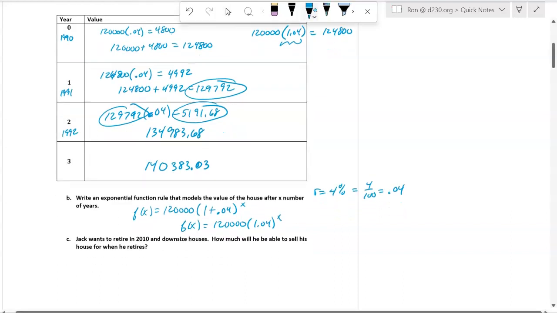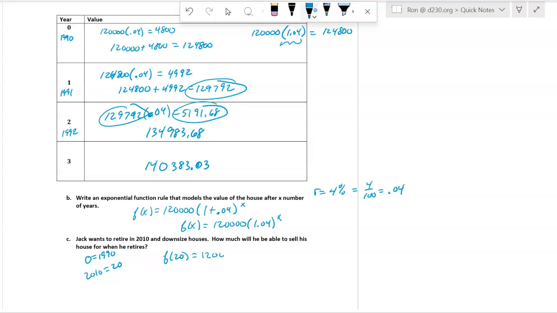So if you wanted to retire in 2010, how many years after 1990? If 0 is 1990, how many years later is that? Well, 2010 would be year 20. So now I can plug that in there. f of 20 equals 120,000 times 1.04 to the 20th power.